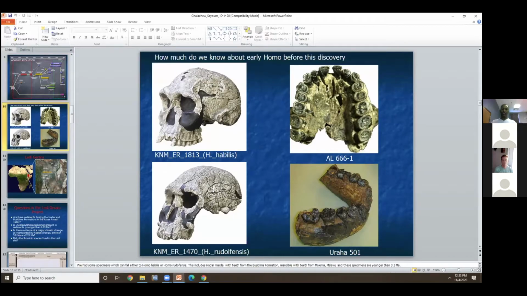And they are really younger than 2 million years old. It is hard to link them with older specimens, particularly with Australopithecus afarensis, because there is some missing time.